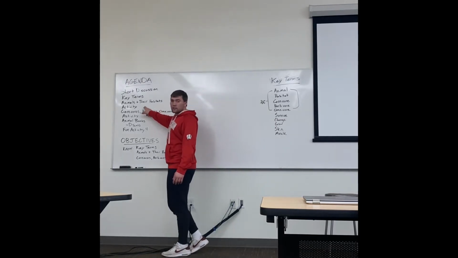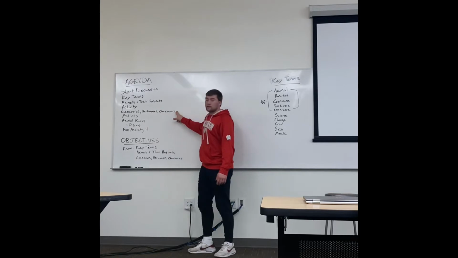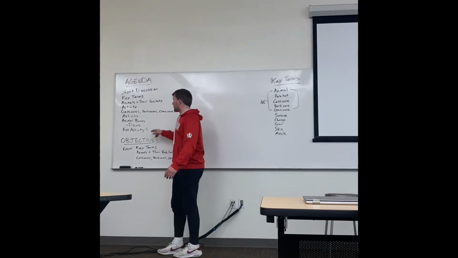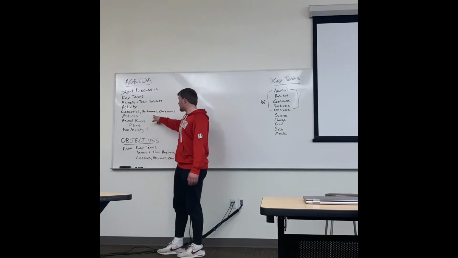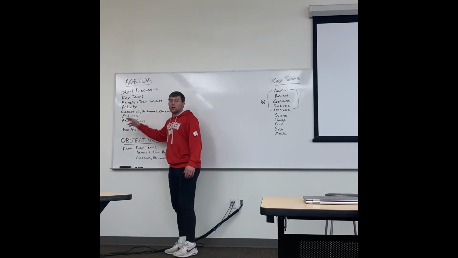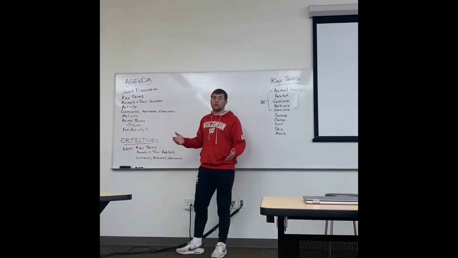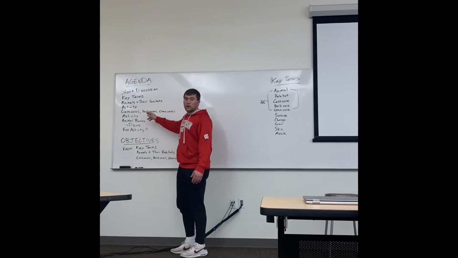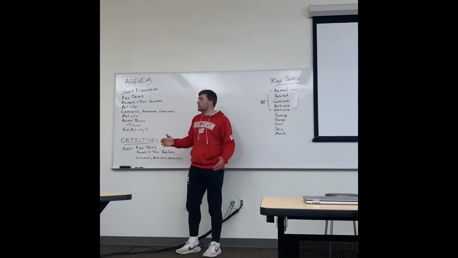After that activity, we're going to learn about these. Now these are big words. Don't be scared off. They're not too bad. We're going to learn about carnivores, herbivores, and omnivores. Carnivores are animals that only eat meat or other animals. Herbivores are animals that eat plants.